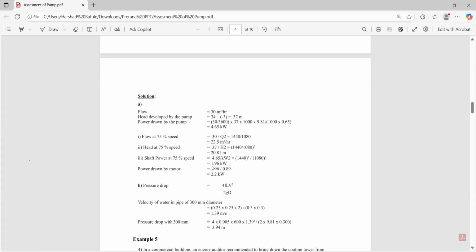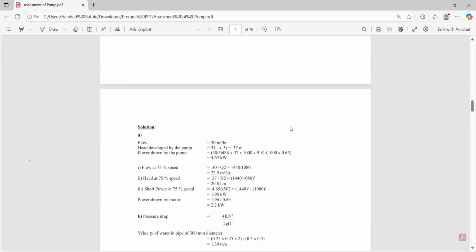So your new power would be 1.96 kilowatt as your shaft power. So power drawn by the motor would be shaft power divided by efficiency of the motor, which is 2.2 kilowatt. If you reduce your speed by 25% only, your power would reduce from 4.65 kilowatt to 2.2 kilowatt, means approximately 2.4 kilowatt is saved.